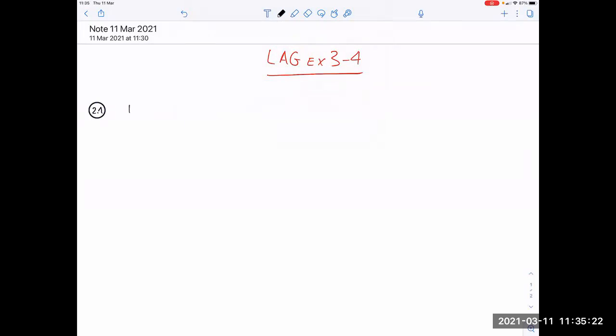We want to find a line on the plane alpha: x plus y plus z equals 1.